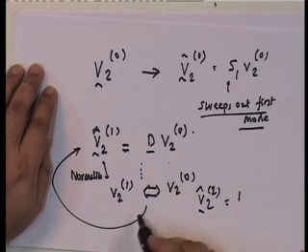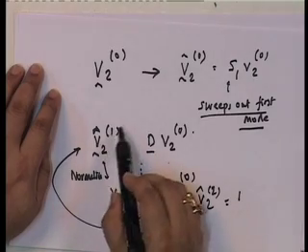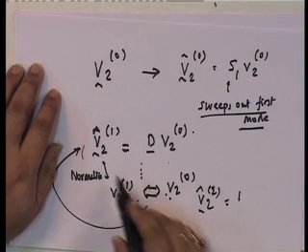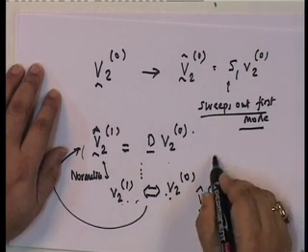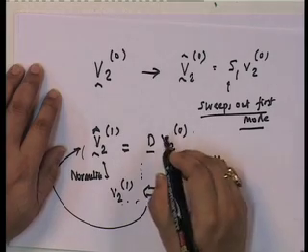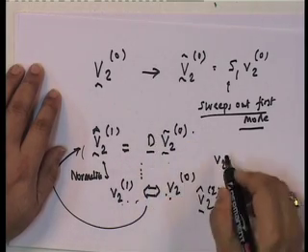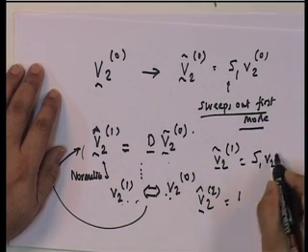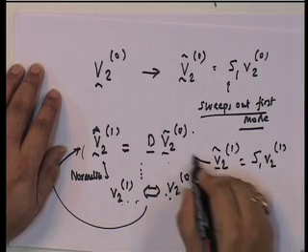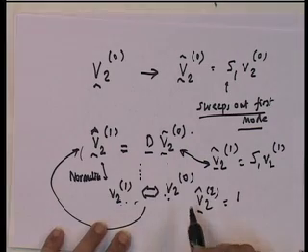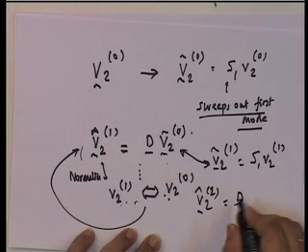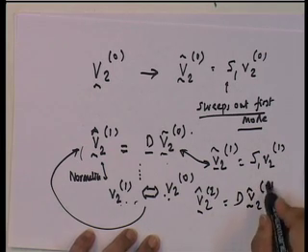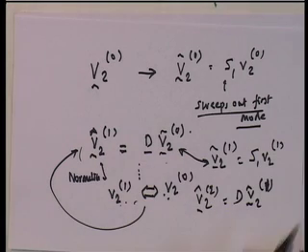As soon as you find V2, check this first. If it doesn't work, then take V2 1 tilde is equal to S1 V2 1. Plug that in here. Get the next one. Find this, continue doing this.